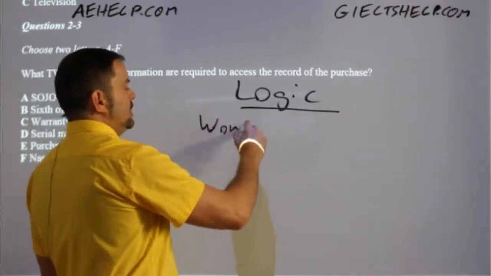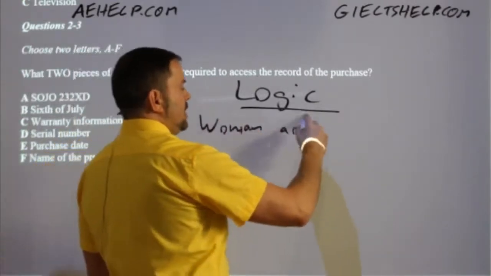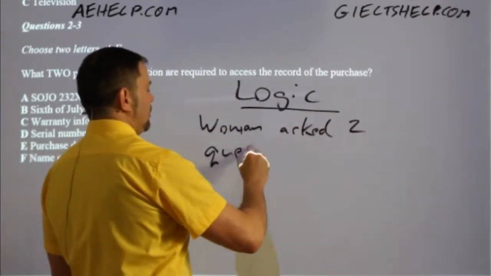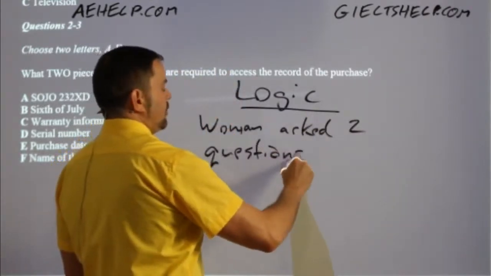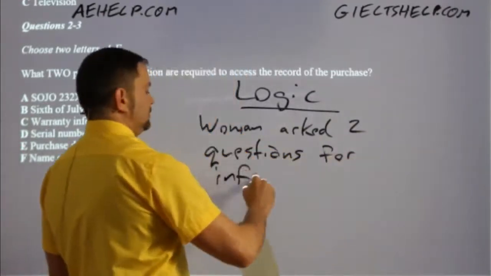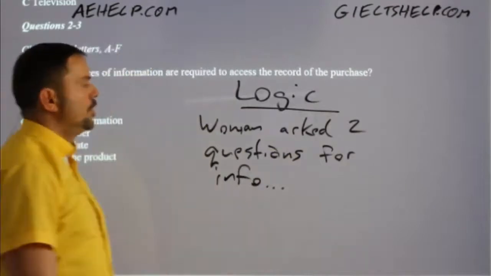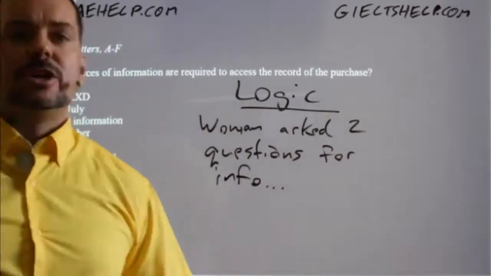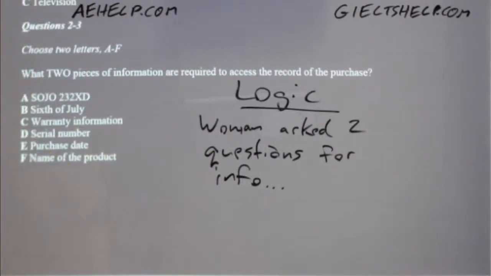So the woman asked 2 questions for information. What were the 2 questions that the woman asked for information? And if you think about that, you can get the correct answer here.